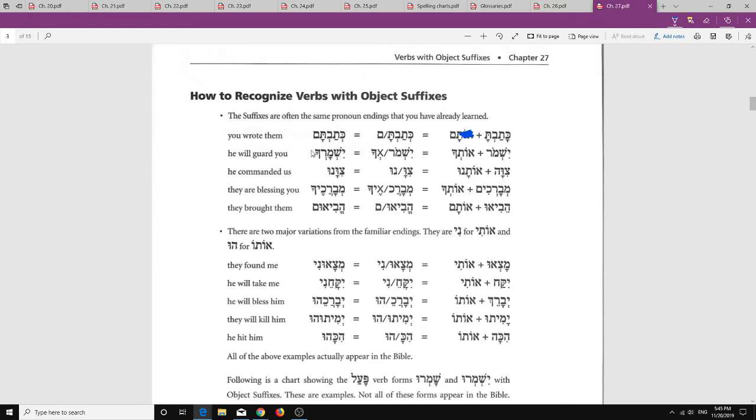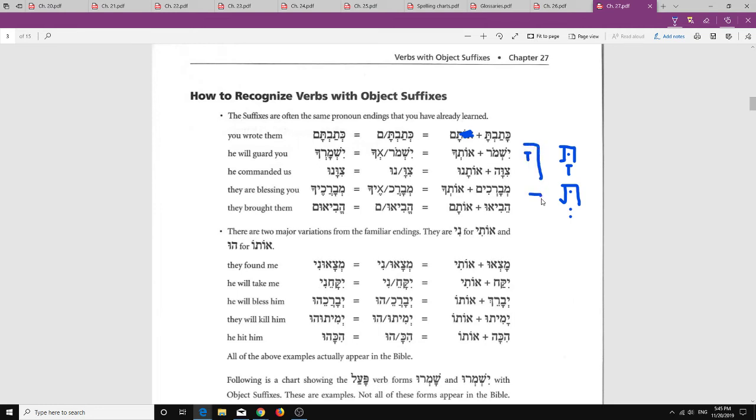Now notice it's pretty easy to distinguish a second person, both masculine and feminine, singular, for the verbal ending and a pronominal suffix ending. In the verb, it's going to be a tav, right? So we might have something like this or something like this. And our pronominal suffix will be a final kaf.